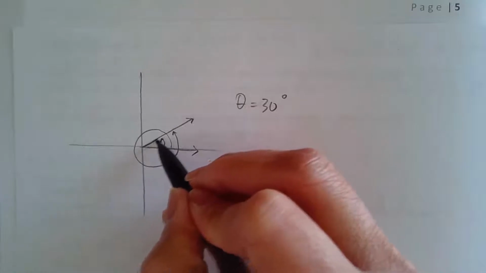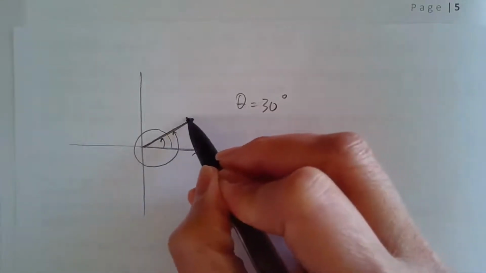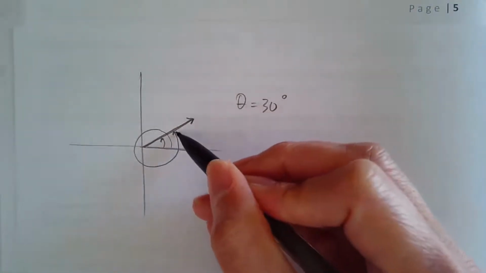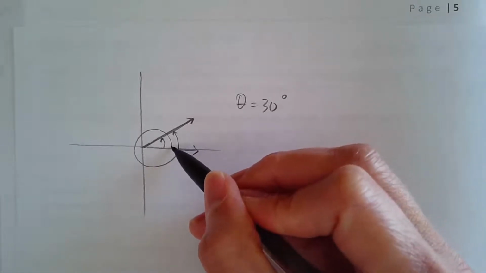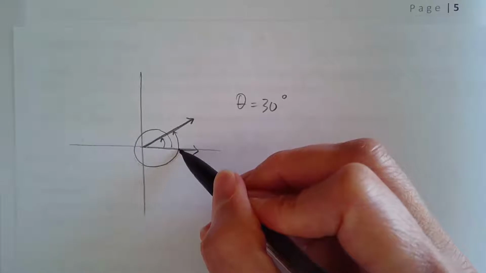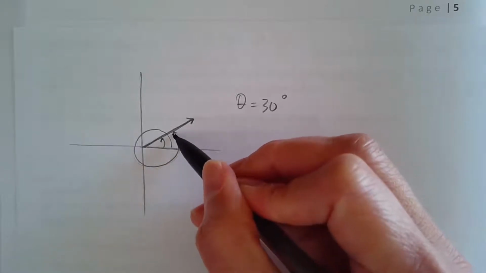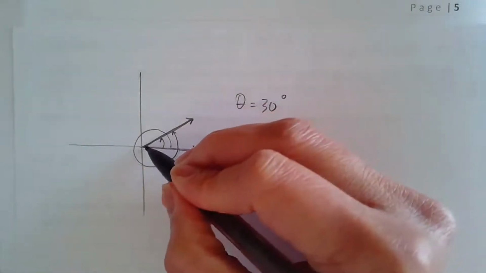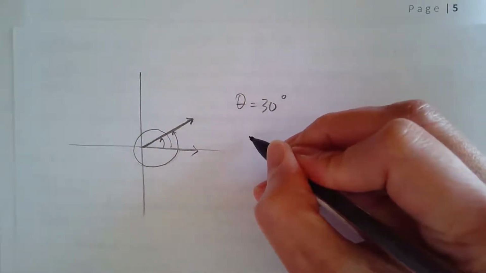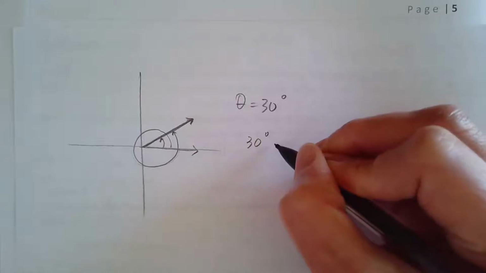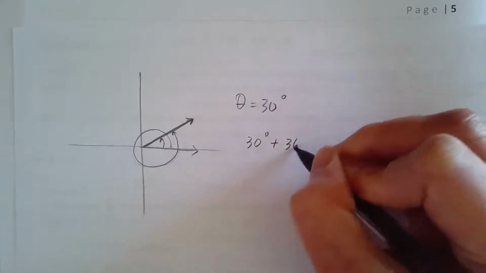I stop on the same arm. But how did I get to that one? Well, from here to here, that's 360 and another 30. So I could stop at the same terminal arm by taking 30 degrees plus 360 degrees.